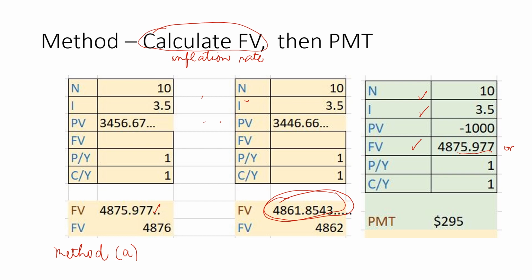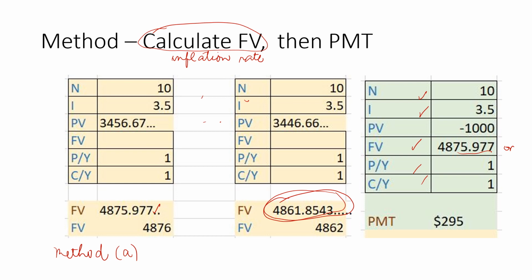And then P/Y and C/Y are the same, annual, and then one-time payment a year is compounding annually. Our PV, or present value, is negative 1,000. This is the initial investment by Juliana, and then after that, in the same year, she keeps adding X dollars, and the X dollars is the PMT that we're looking for.